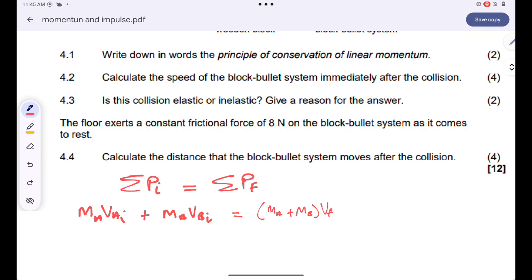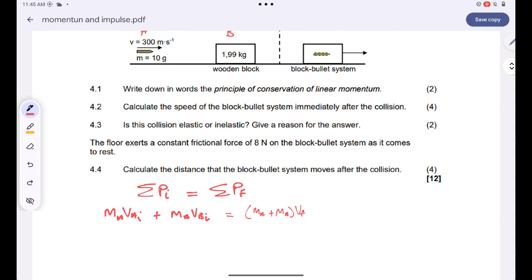So all I have to do now is substitute. Remember that in physical science your mass should always be in kilograms. That means we must convert that 10 grams to kilograms, so we divide by 1,000 and get 0.01, multiplied by the velocity, a positive 300, plus 1.99.